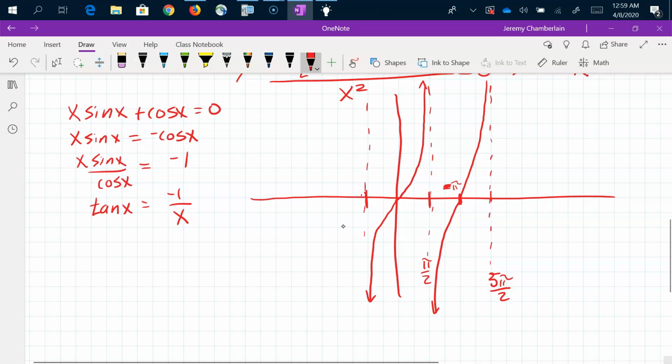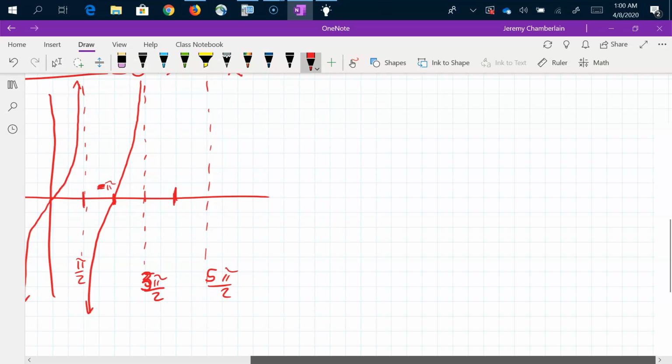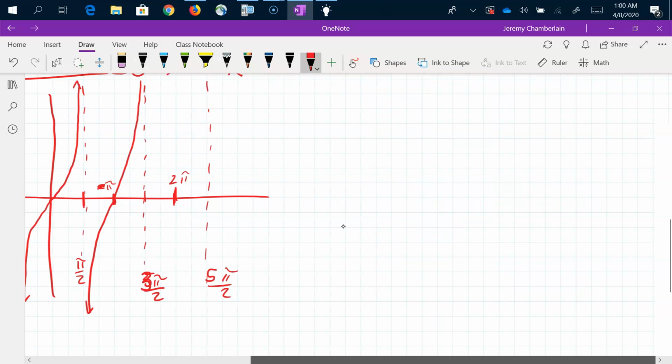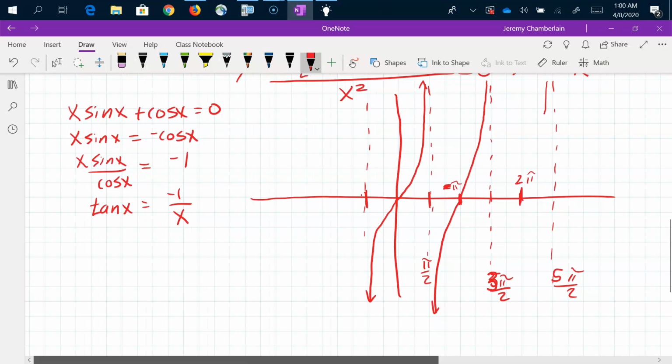That's pi. This is 3 halves pi. So I'm getting a little bit ahead of myself here. Draw another one out here. This is 5 pi halves here. This is 2 pi. Whoa. And, okay. Does not like me here.